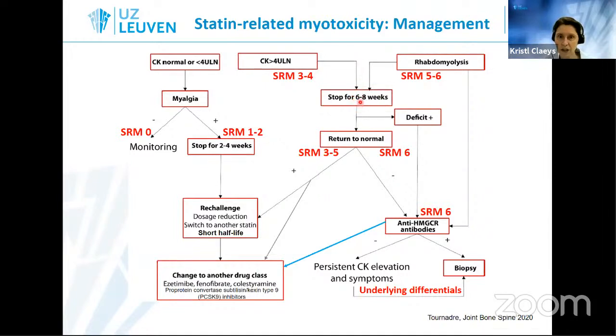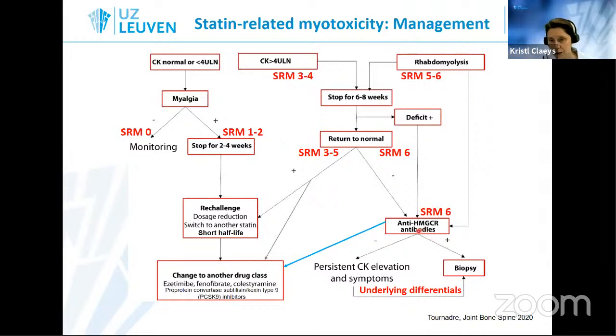If after 6 to 8 weeks there is still a deficit, or your CK value does not return to normal, you probably have to do with SRM type 6, and you need to test the HMG-CR antibodies. If these HMGCR antibodies are present, you will not do a re-challenge, but you will change to another drug class preferentially.